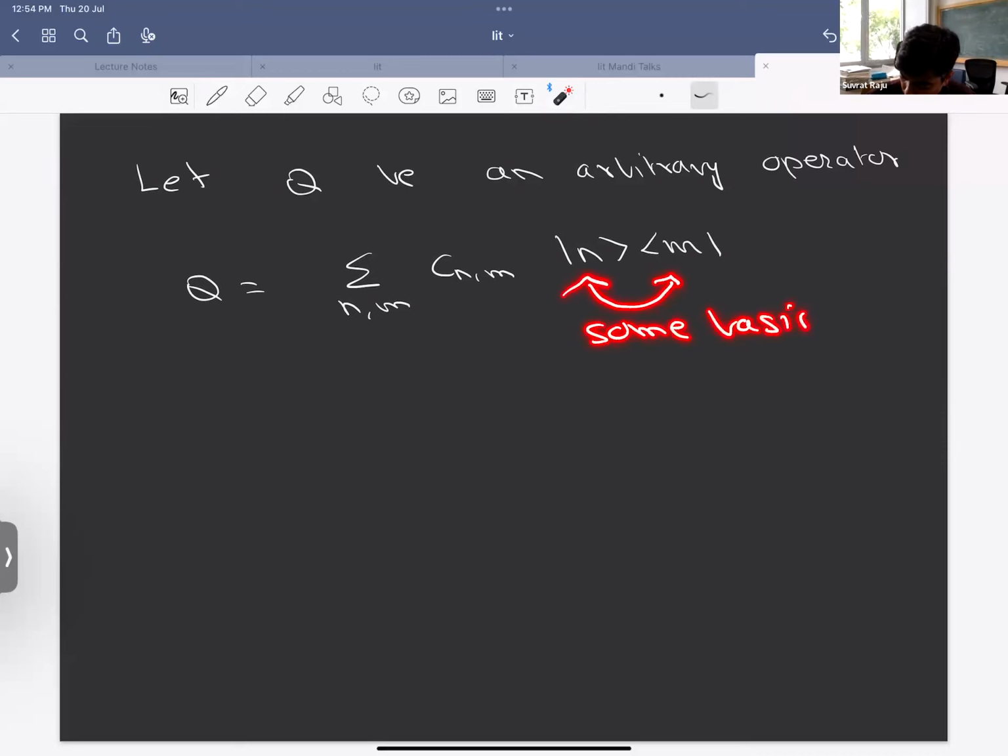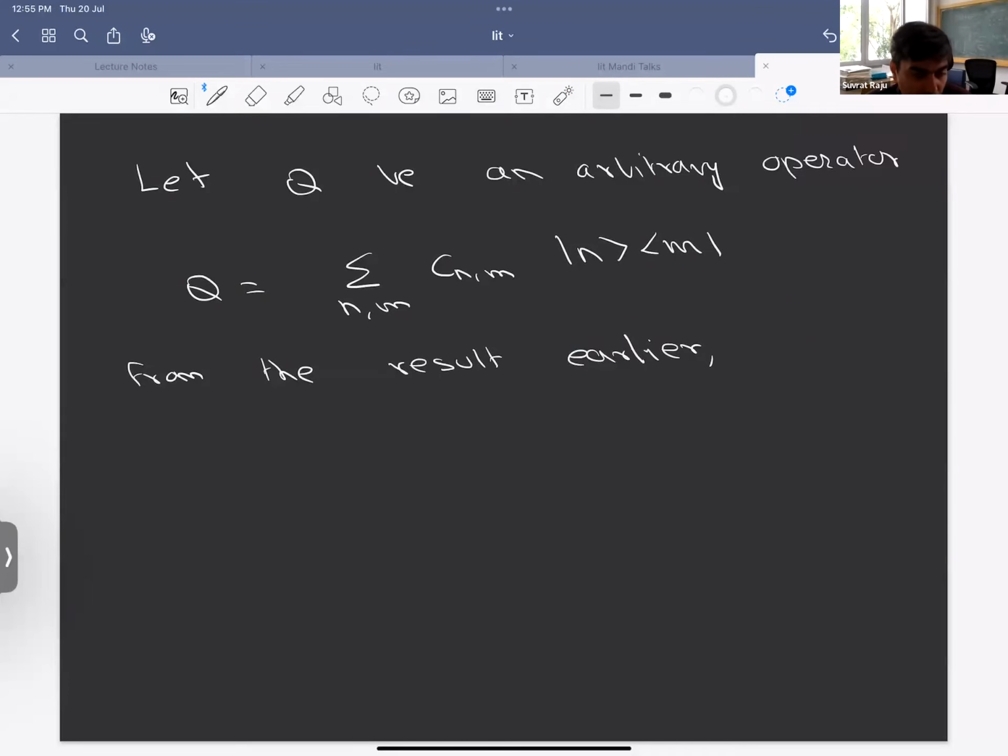It's just some basis. Now, from the result we proved earlier, there is some element of the algebra A epsilon whose action on the vacuum gives you each element of this basis n, right? Of this basis that we have.